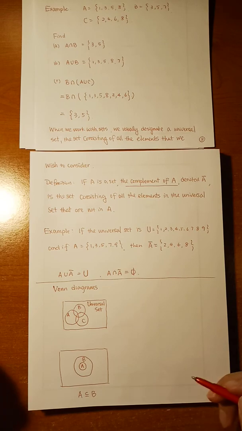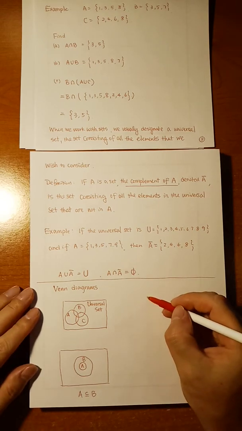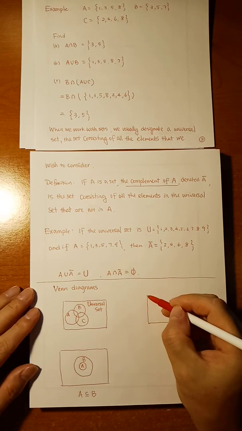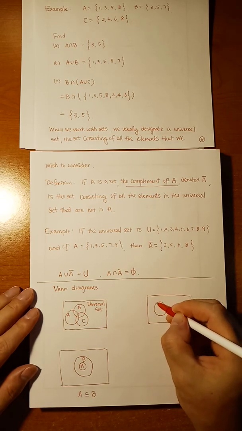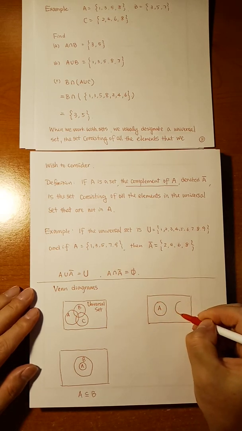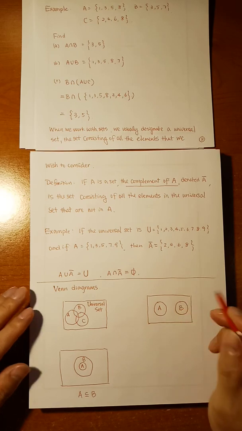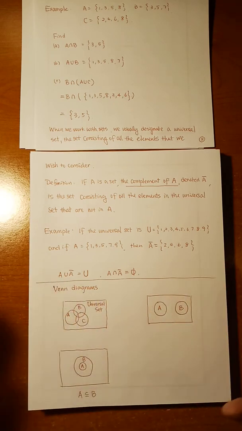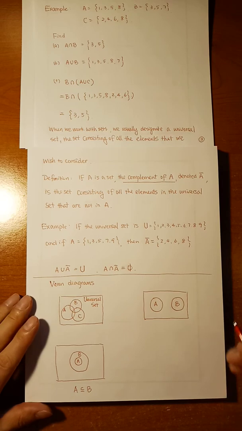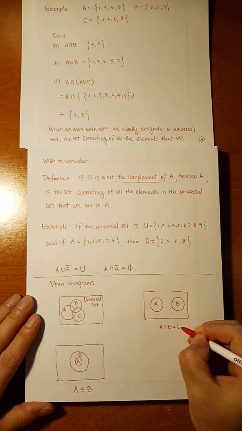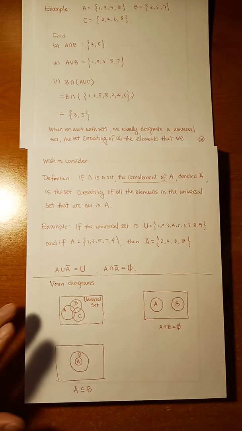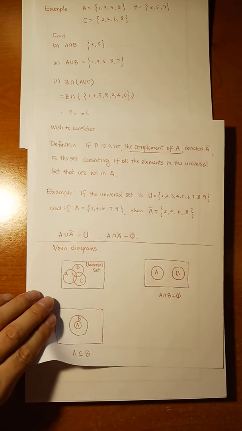Elements of A are inside B. If two sets have no intersection, you have set A, you have set B, they don't overlap, then we know that their intersection is empty. There's no overlapped part.